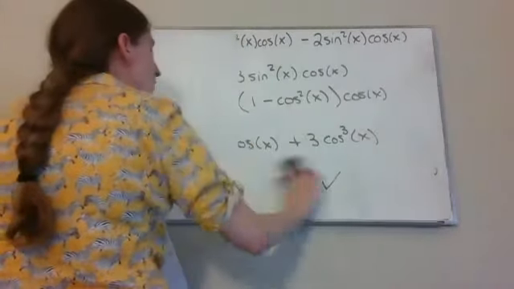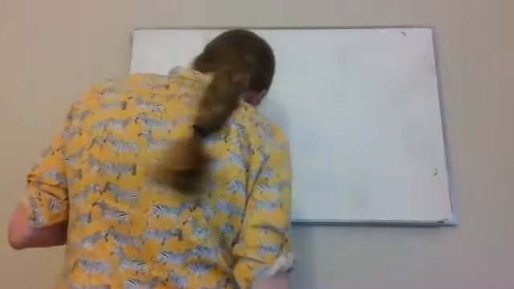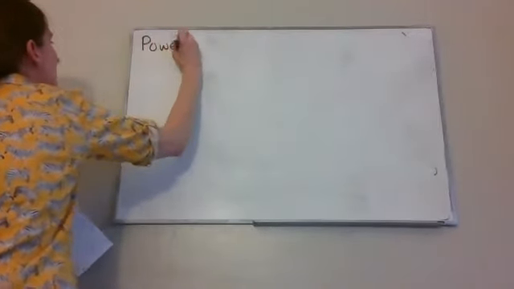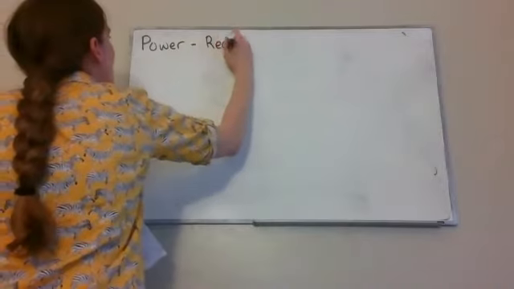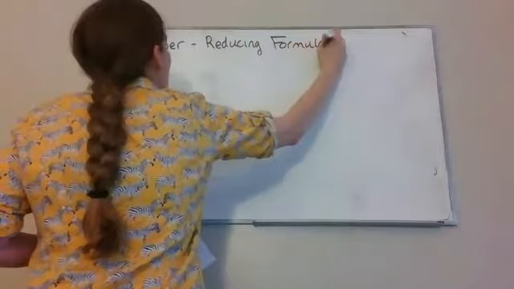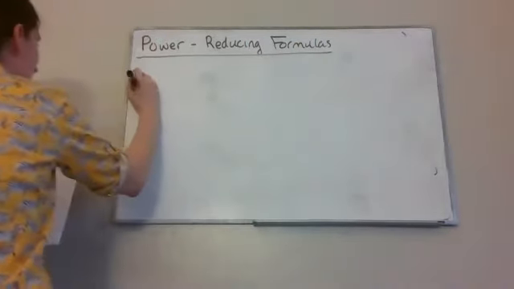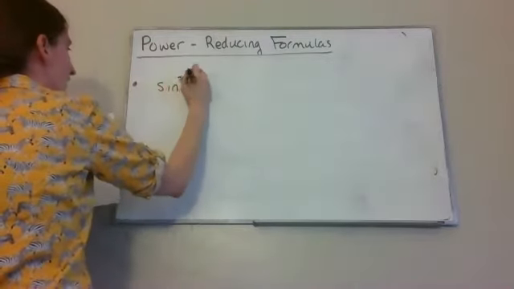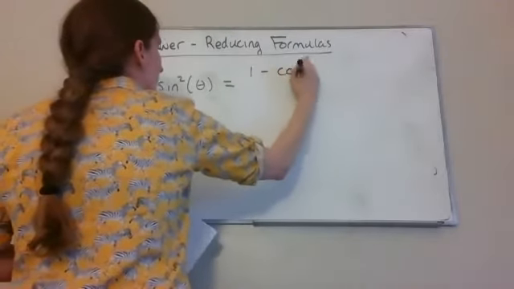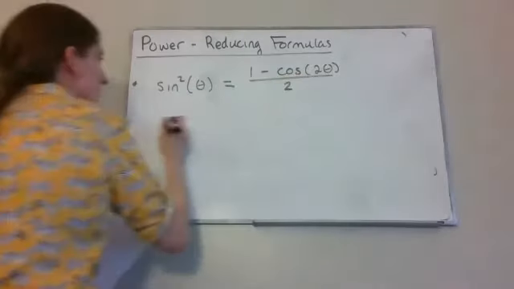What are these power reducing formulas that I mentioned in the title? Power reducing formulas. We have sine squared of theta is equal to 1 minus cosine of 2 theta all over 2.